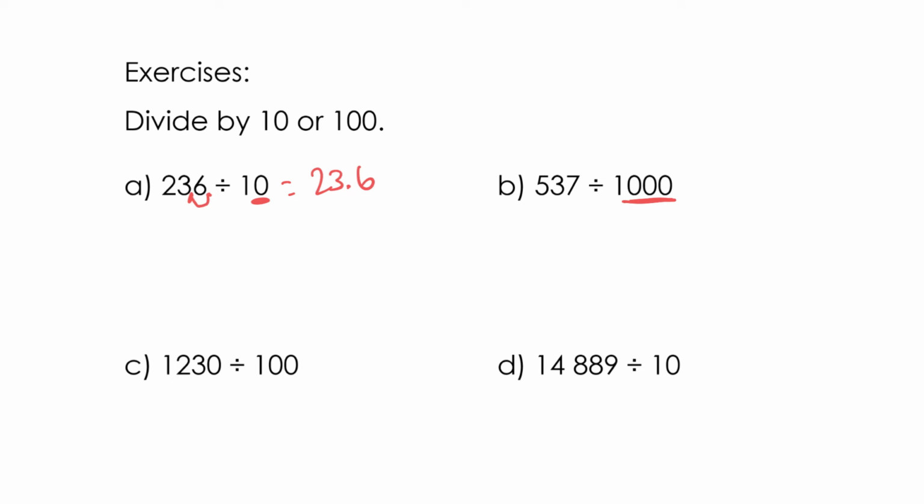We have 3 zeros here. Decimal is over there. 1, 2, 3. So now it goes over here. Decimal 537. Put a 0 at the front. Decimal's hidden over here if we can't see it. 1, 2. 12.30. And lastly, 1 decimal jump here. It goes over here. So when the decimal is not seen, it's all the way to the right.